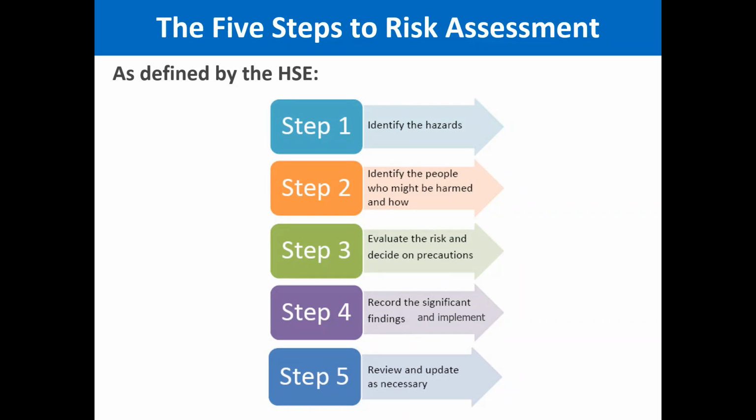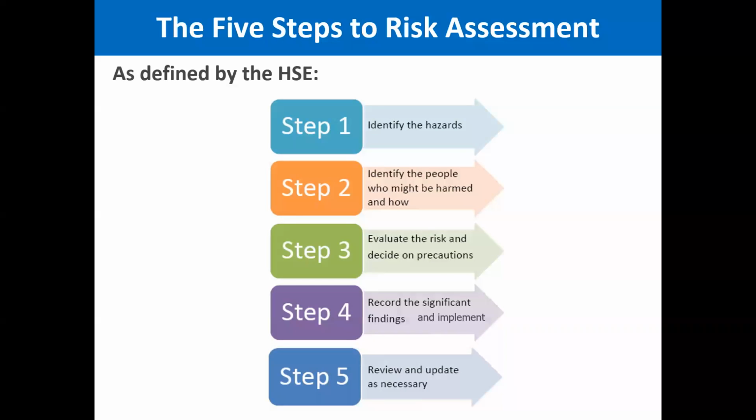In order to identify the hazards, you must understand the activity. So you should also look at the method statement of the activity. You should read the procedure of how the activity is carried out. You should physically go on site and see the people doing the job. And you should also look at the previous accident and incident records.